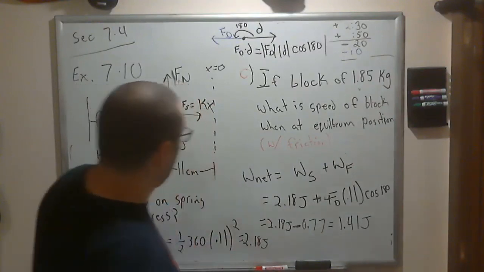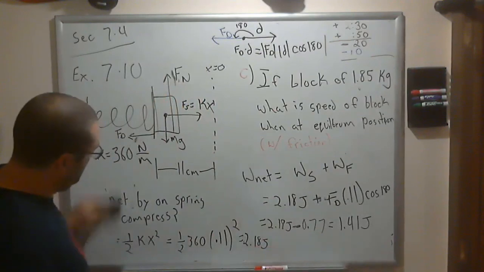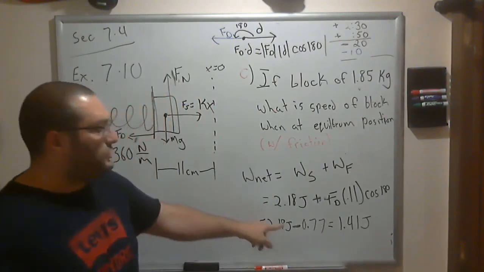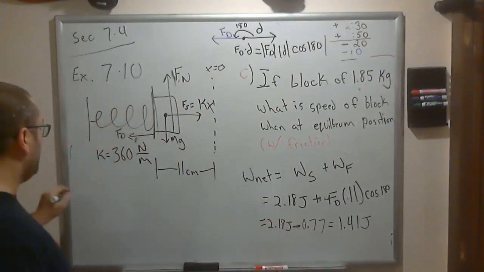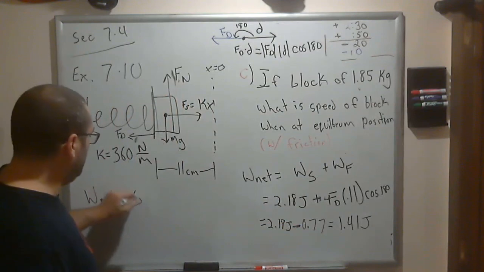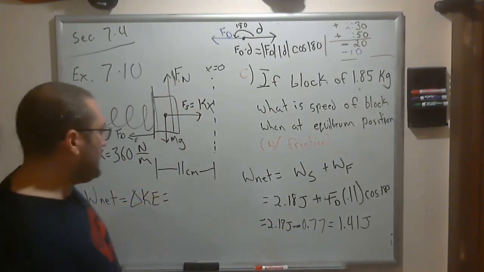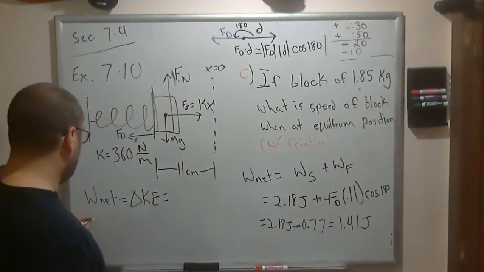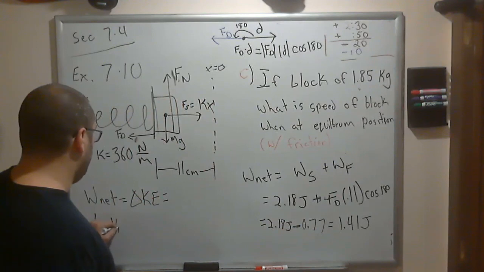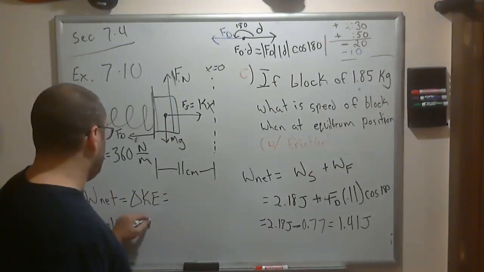Now, if this is the net work done, the work-energy theorem tells me that the net work done on the system is equal to the change in kinetic energy. We have V2 minus V initial.